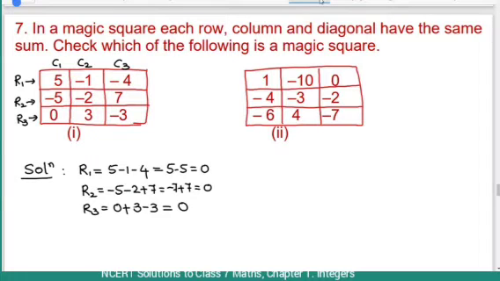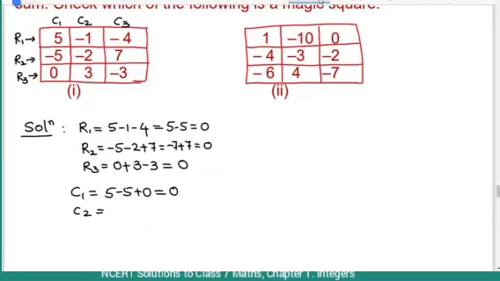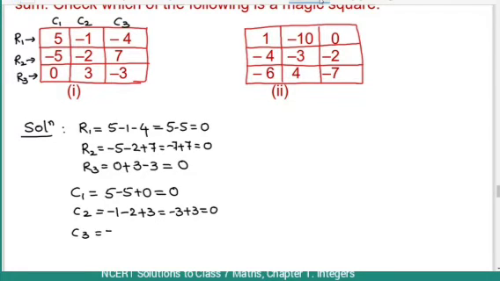Now rows are over. Now columns. C1 is equal to 5 minus 5 plus 0 is equal to 0. Column 2, minus 1 minus 2 plus 3. Minus 1 minus 2 is minus 3 plus 3, that is also 0. C3, minus 4 plus 7 minus 3, that is minus 7 plus 7 is 0.